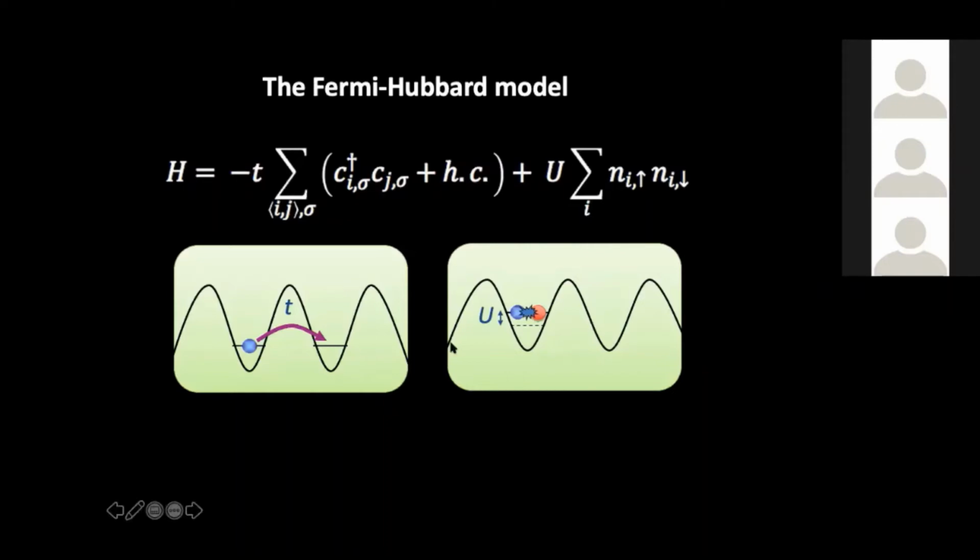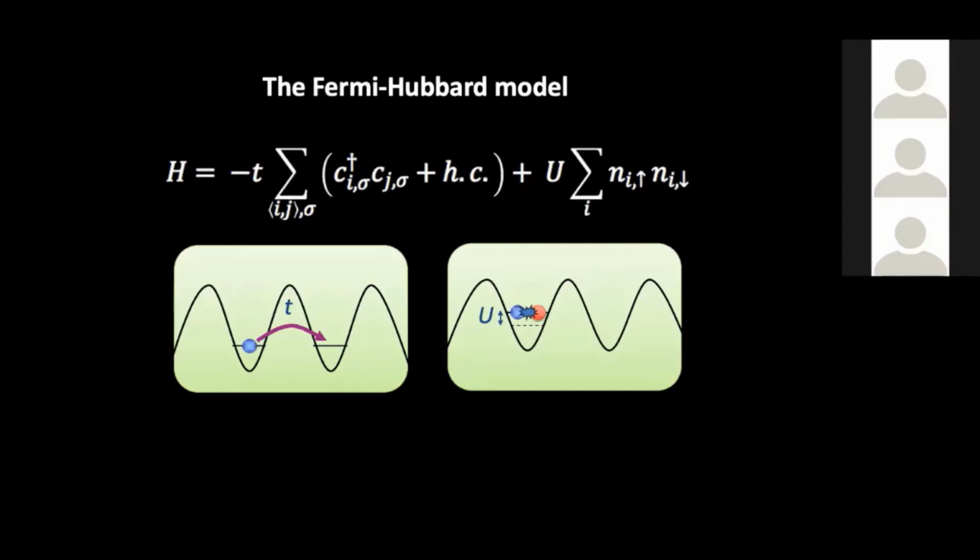This is a model where we're imagining 2 species of fermions living in this optical lattice. These are, in reality, 2 hyperfine states of the atom. In our case, they differ by their nuclear spin. And we call them spin up and spin down in analogy to the states of the electron in a solid.